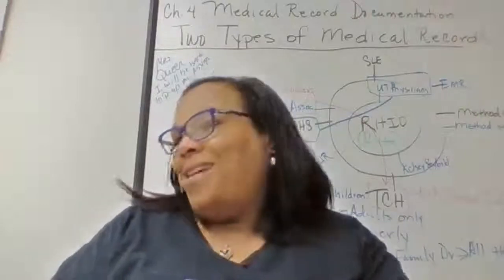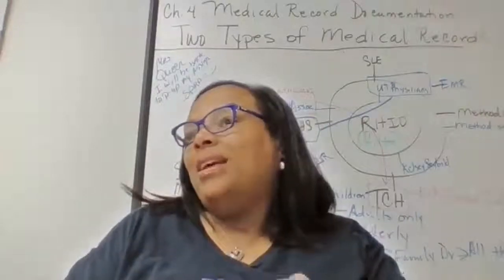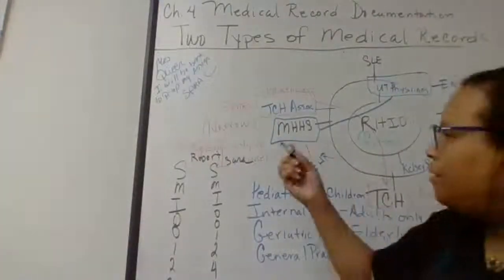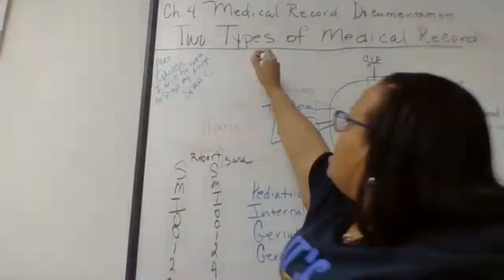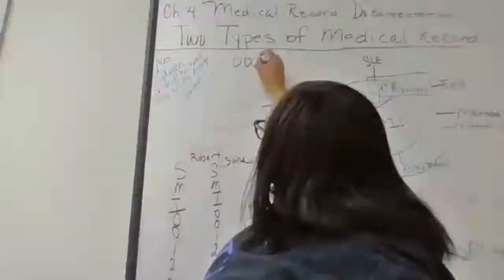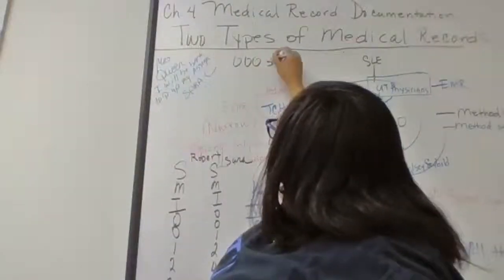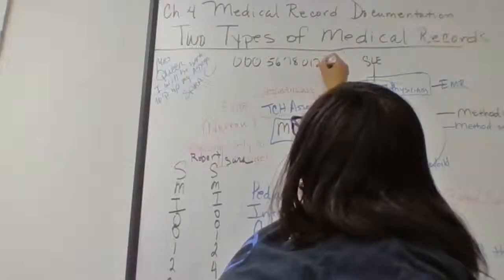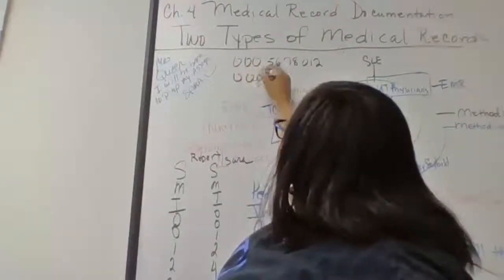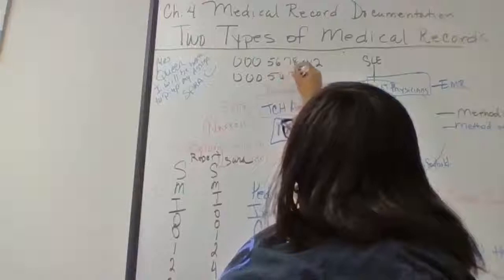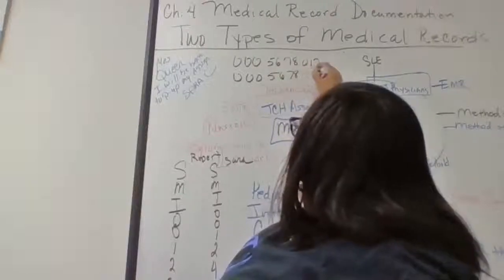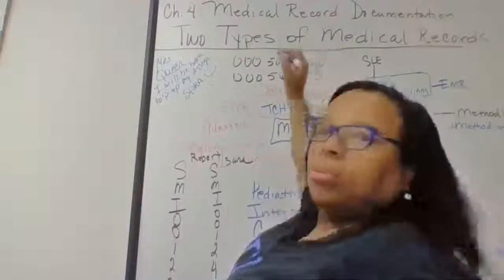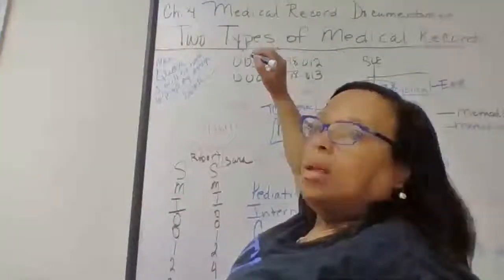Yes, yes. So it starts off like, I write it here. It may start off like 000567812. 00056781013. It's backwards. You understand?